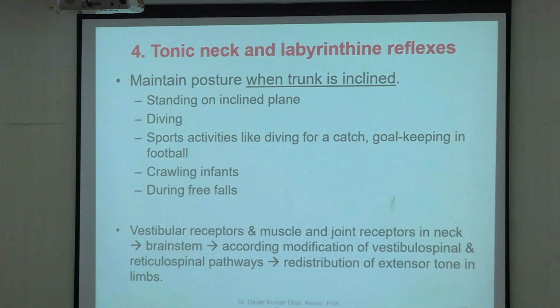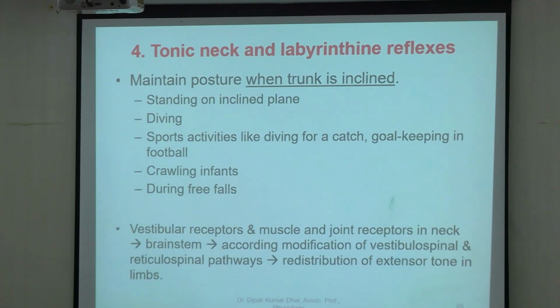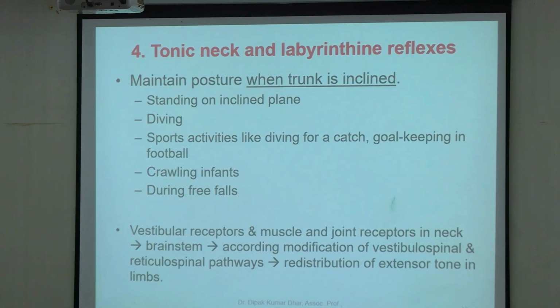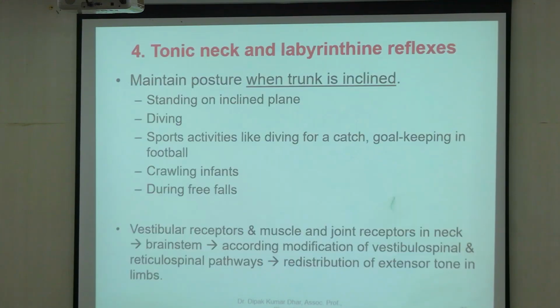When you are standing on an inclined plane, the trunk is inclined, so these reflexes come into the picture. When a person is diving or falls accidentally from a height, again the position of the trunk has become inclined. Whenever you are going for some type of sports activity, as you can see in this picture, there is an inclined position of the trunk. Here also the neck has tilted to one side. So these are all situations where the tonic, neck and labyrinthine reflexes act.